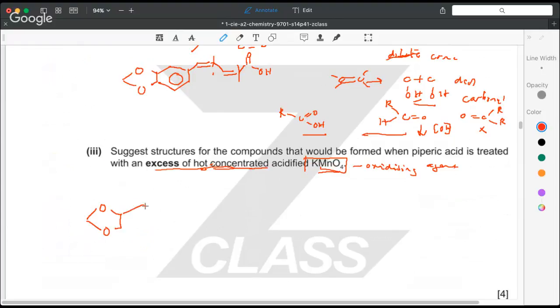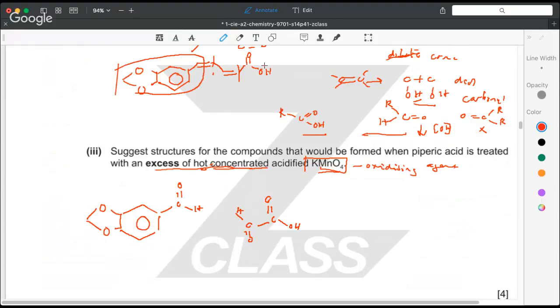And then you've got this aryl group here, this arene. And then you're going to get that from that part of the molecule there. And then you're going to get this from that other part of the molecule there.